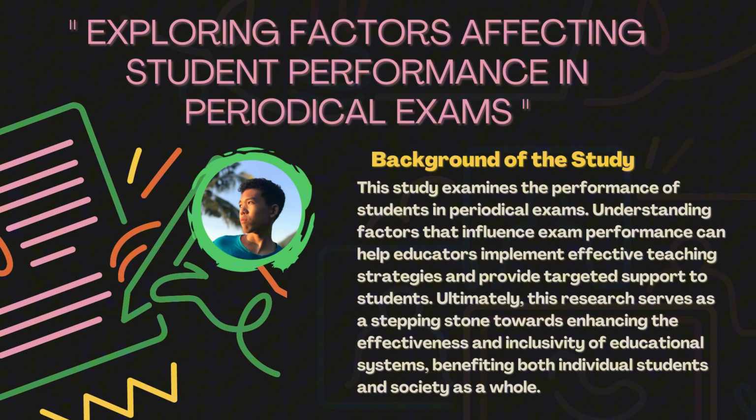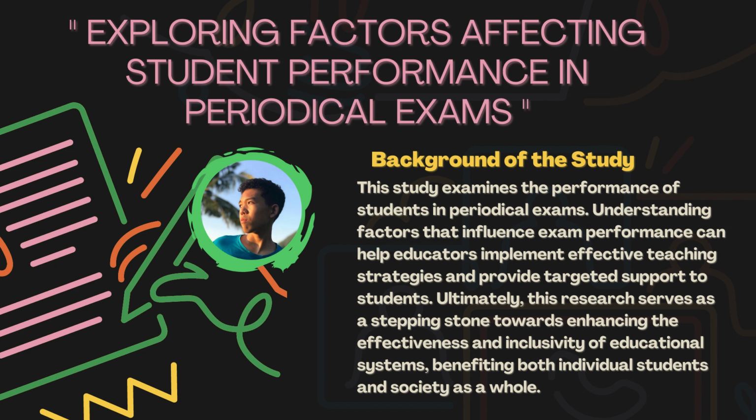So here we have a statistical mini research titled Exploring Factors Affecting Students' Performance in Periodical Exams. The rationale and background of the study of this given research is as follows. This study examines the performance of students in periodical exams.